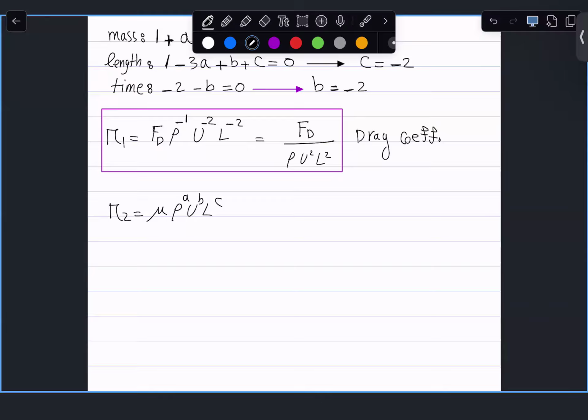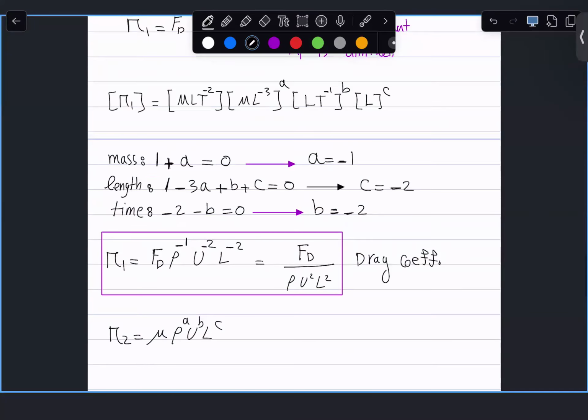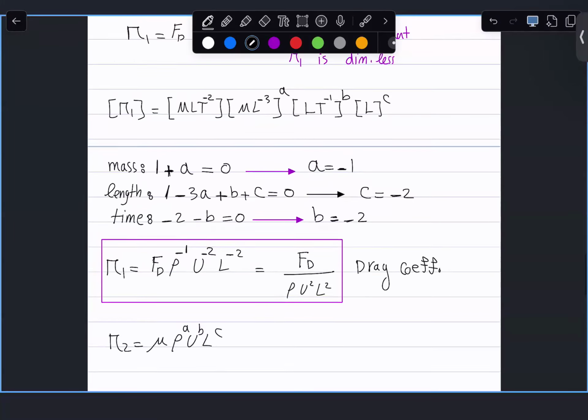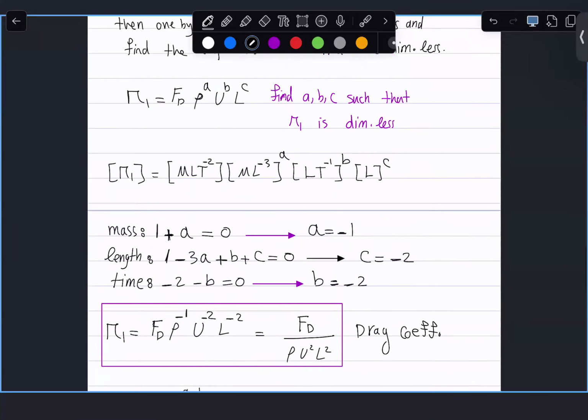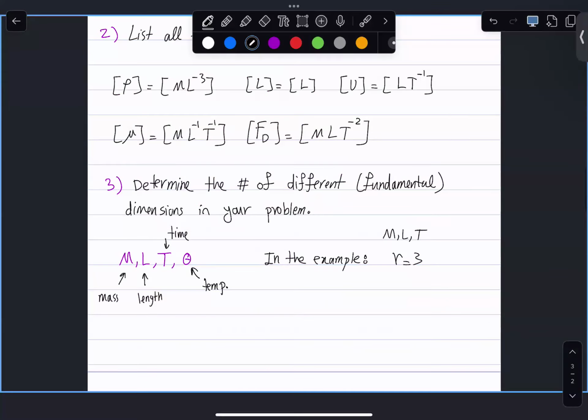Anyone need anything from the notes? Should I go back? Which one? Step 3, you said? I forgot something. Sure.